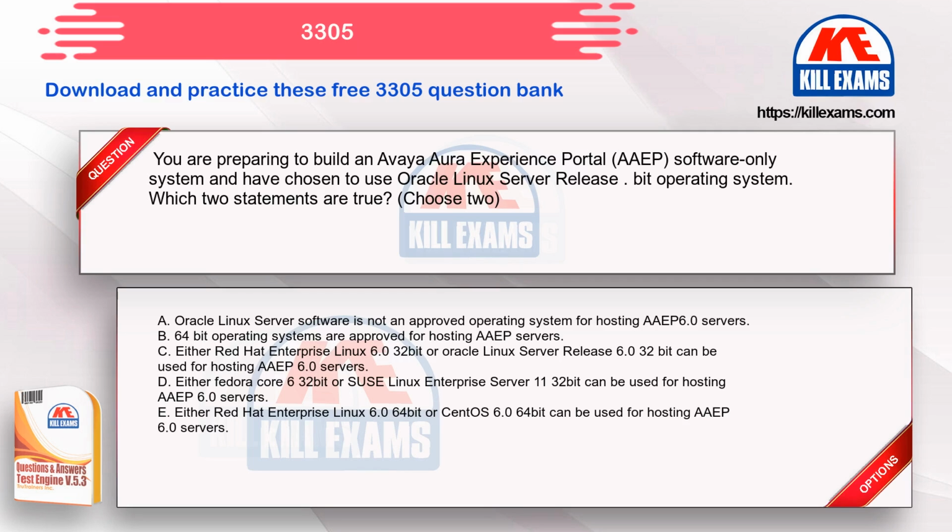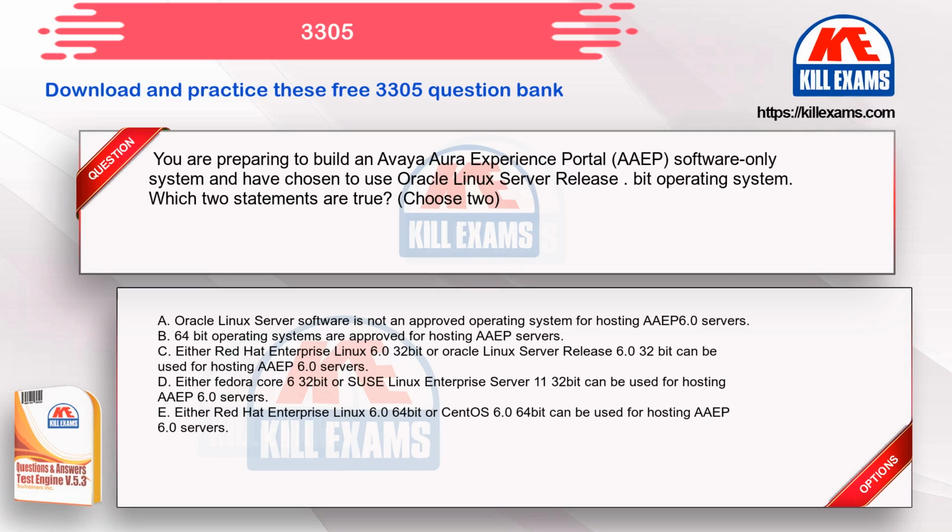Option B. 64-bit operating systems are approved for hosting EP servers. Option C. Either Red Hat Enterprise Linux 6.0 32-bit or Oracle Linux Server Release 6.0 32-bit can be used for hosting EP 6.0 servers. Option D. Either Fedora Core 6 32-bit or SUSE Linux Enterprise Server 11 32-bit can be used for hosting EP 6.0 servers.